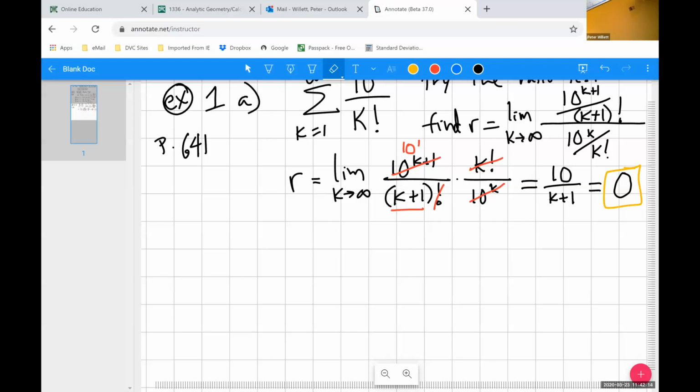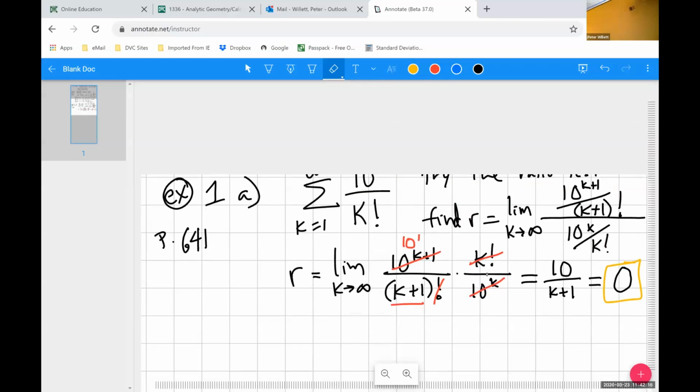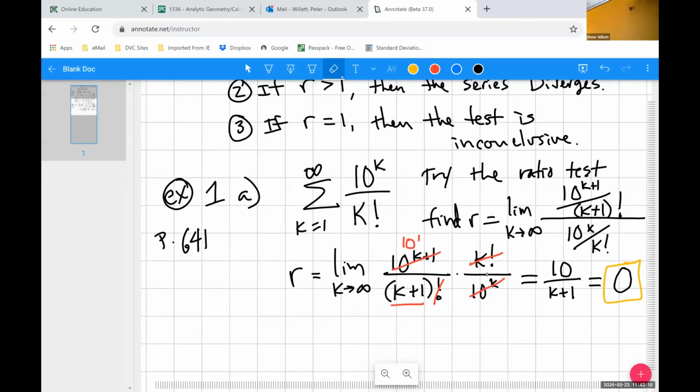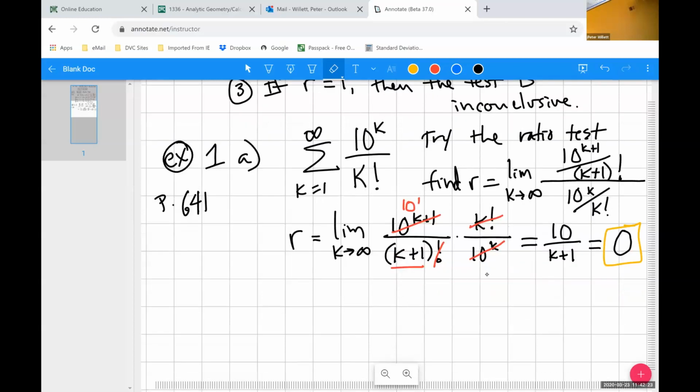Okay, so to use the ratio test, we set up the limit as k went to infinity of this ratio of successive terms, and in this case, we got a 0. So then by the ratio test, what would we conclude?